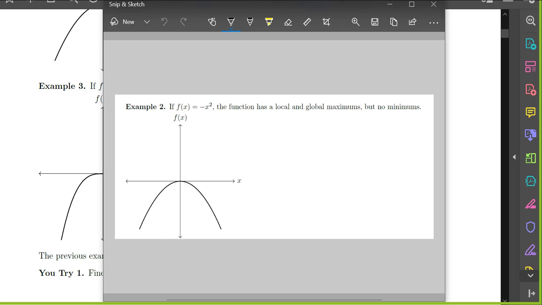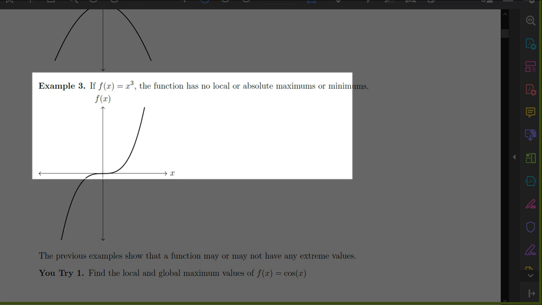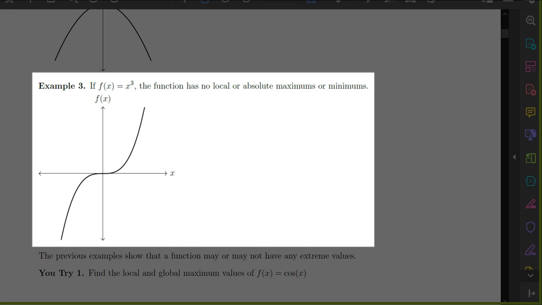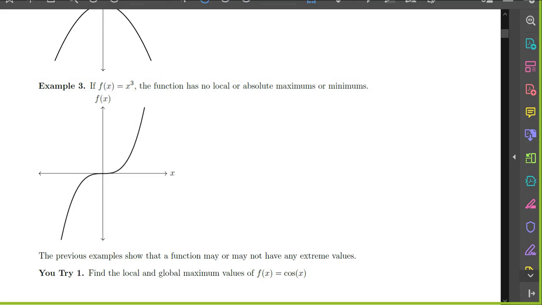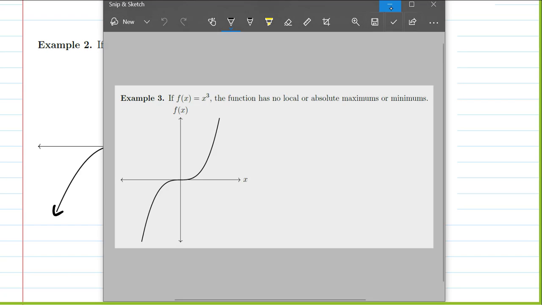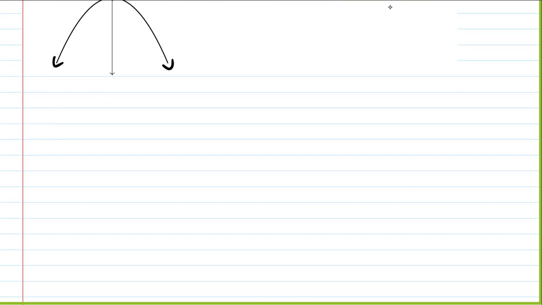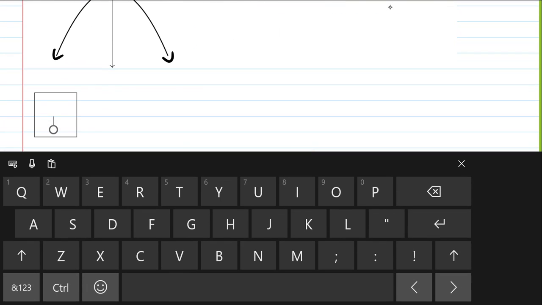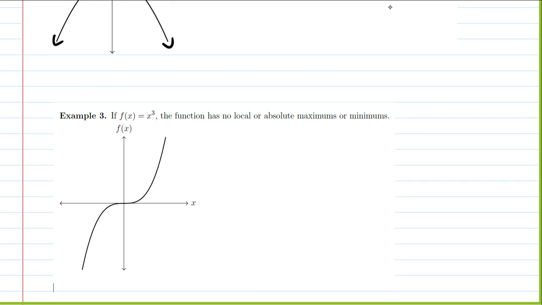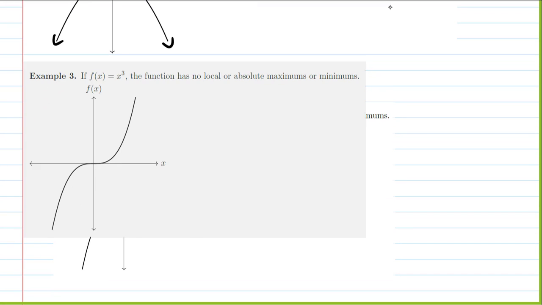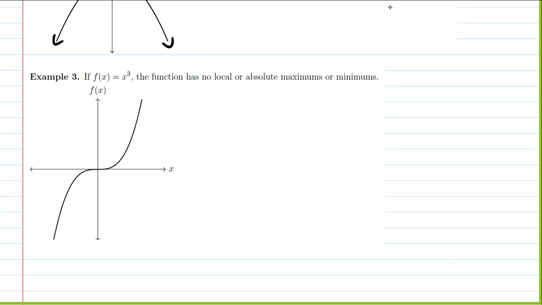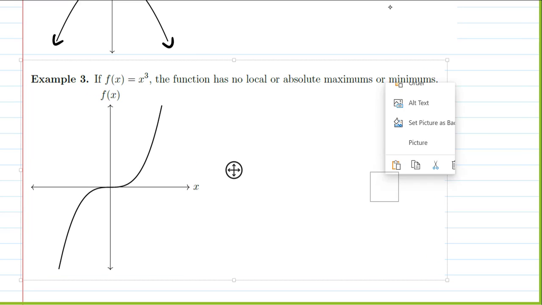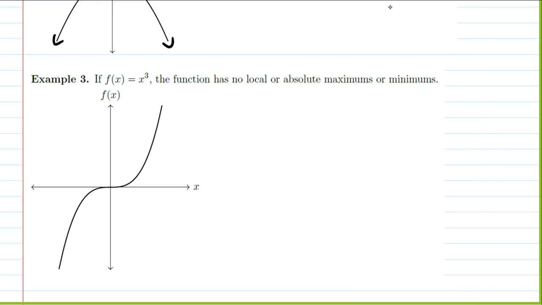So then, if we take a look at example number 3, we now have our cubic function, and when we look at the graph of this picture, or the picture of this graph, does it have any local maxes or local mins? And the answer is no. And it has no absolute maximums or absolute mins, right? It goes forever in both directions.